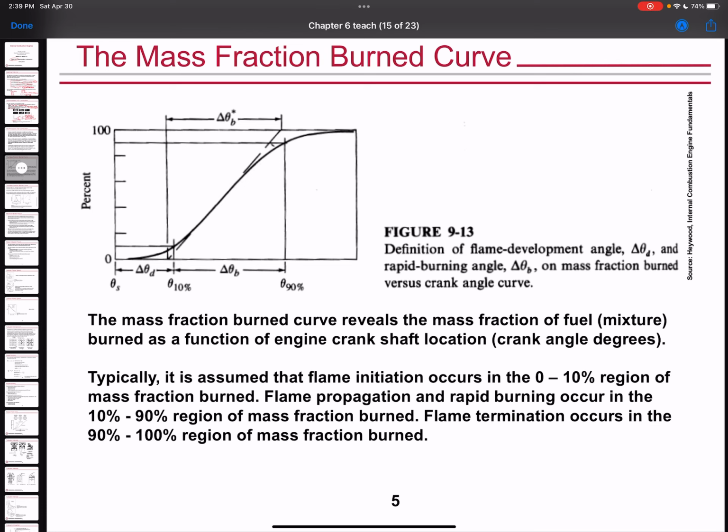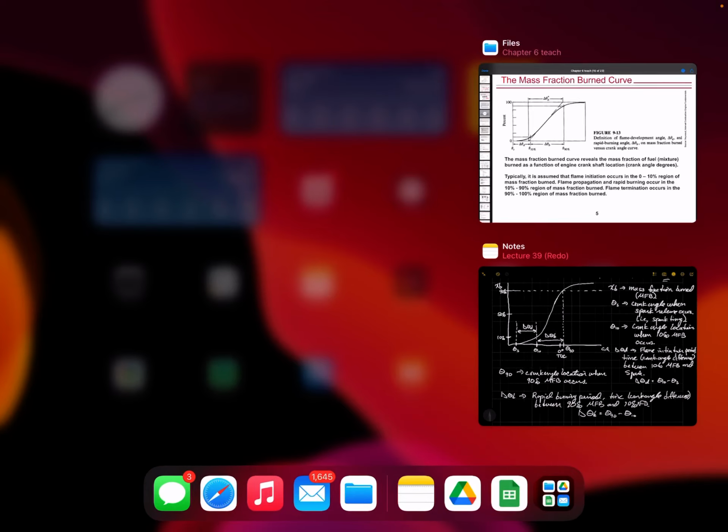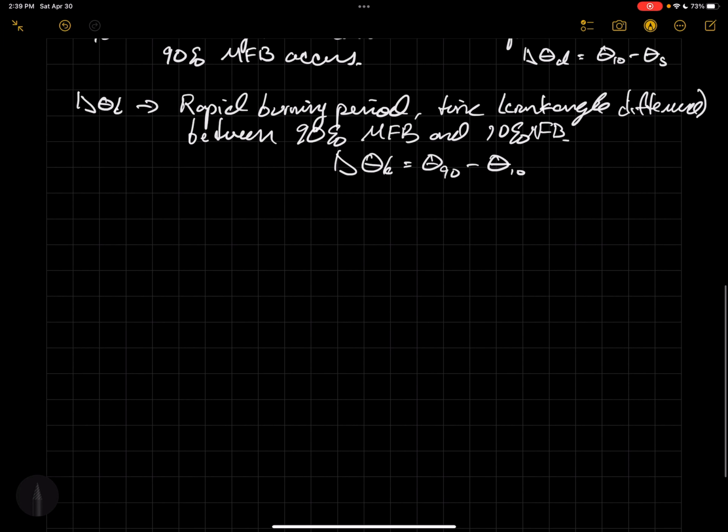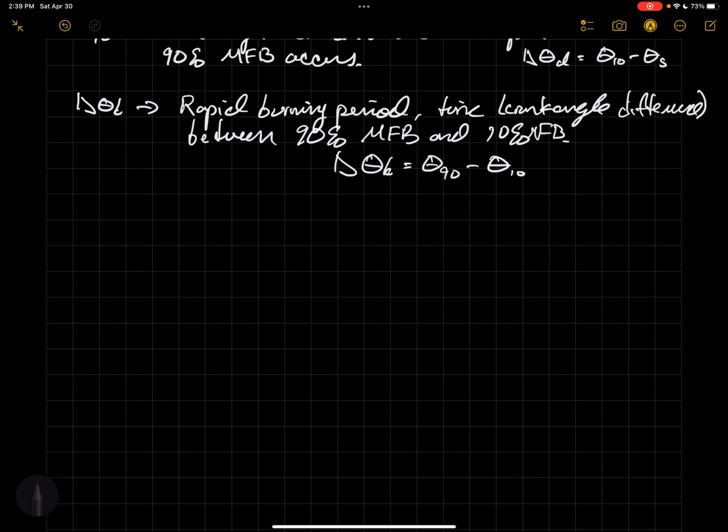So yes, of course, we have to care about emissions, but we first have to satisfy the first objective of an engine, or at least an engine designed to make power, and that is we have to generate torque, okay? So I'm going to take a step back. Before we continue a deeper discussion about mass fraction burn curve and its impact on pressure, we're going to take a step back and we're going to draw a sort of a macroscopic relationship between the torque of the engine and the spark timing of the engine.